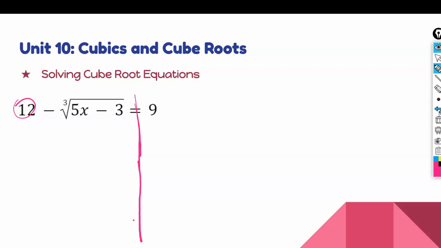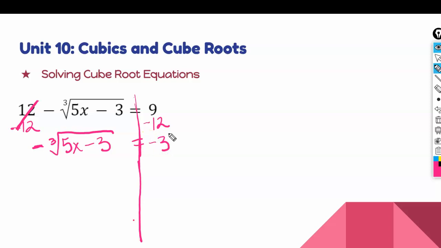So to get rid of a 12 like that, I'm going to subtract 12 from both sides of the equal sign. So here they cancel out, and I've got negative cube root of 5x minus 3 equals, and you could use a calculator for this, 9 minus 12 is -3.